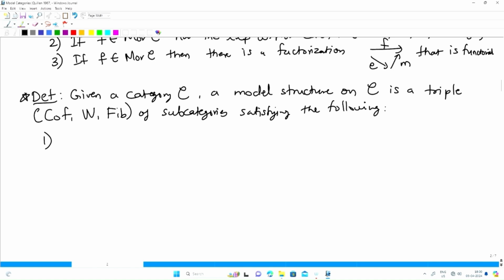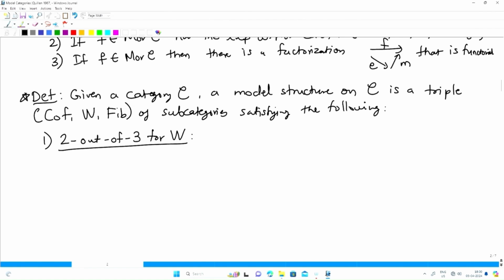So the first property that we need is 2 out of 3 for W. We have discussed this once.